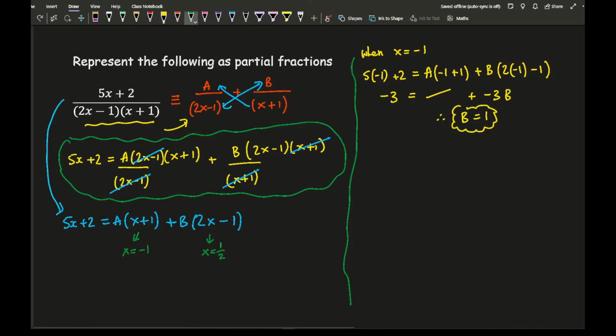And then using the other value, I'm going to take a half, so when x equals a half. Now just be careful with plus and minuses, and obviously when you're substituting this in.